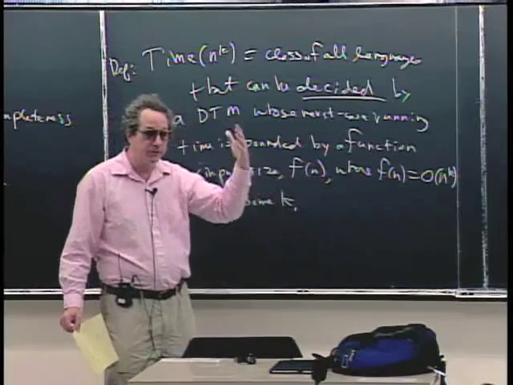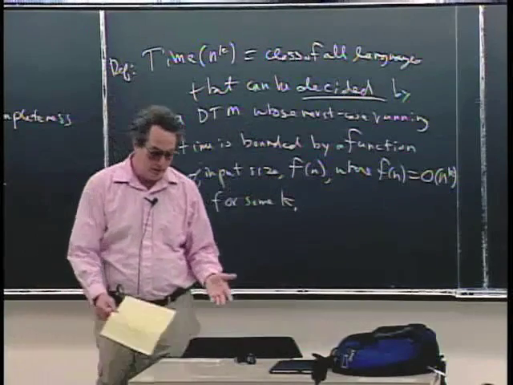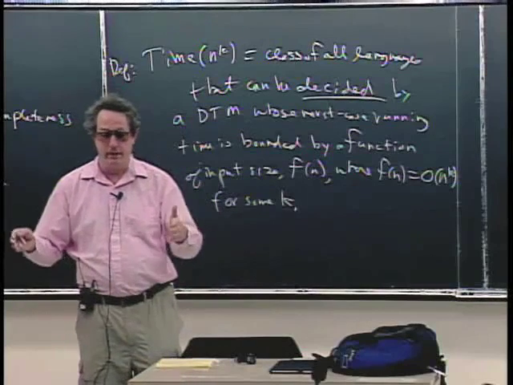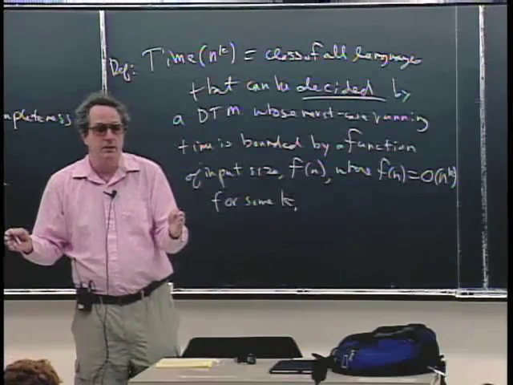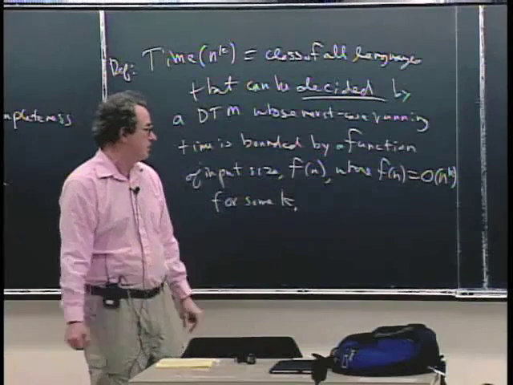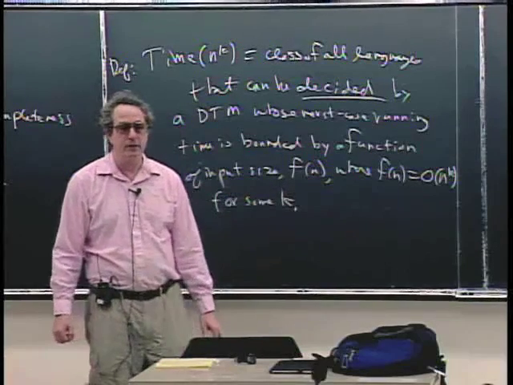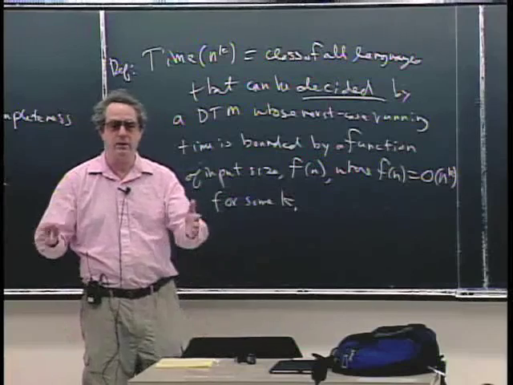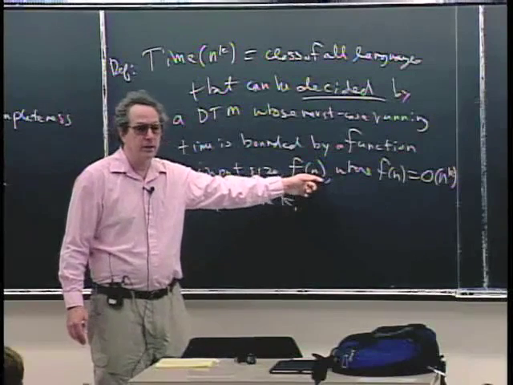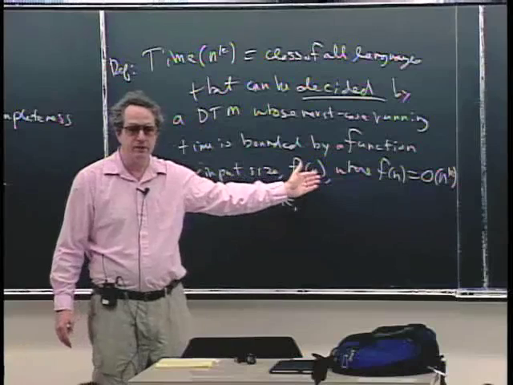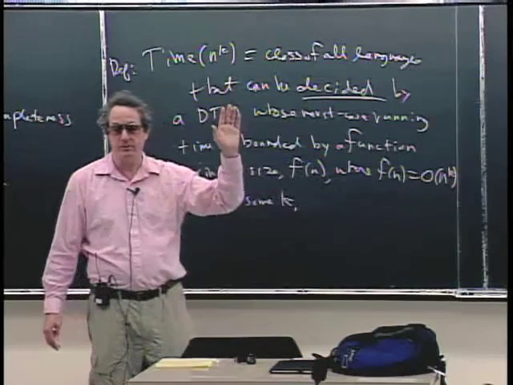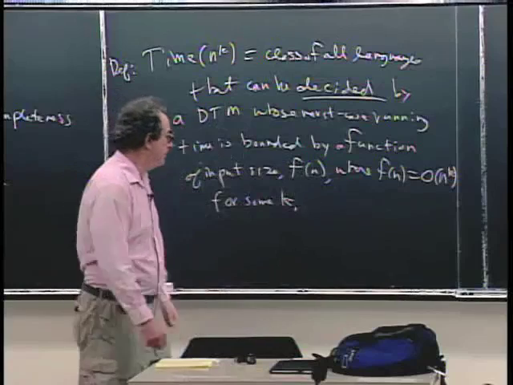So we have a deterministic Turing machine, and it has input, and some of those inputs are of length n, some specific n, and then we can conceive of what's the maximum number of transitions that that Turing machine takes when it's processing any possible input of size n. And then that's the value for a specific value of n, and f of n is a function of those values. So we looked at that last time.